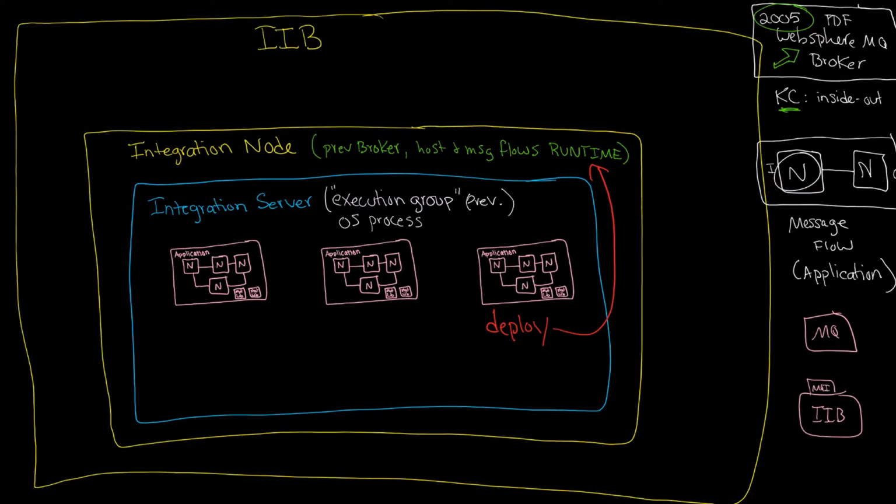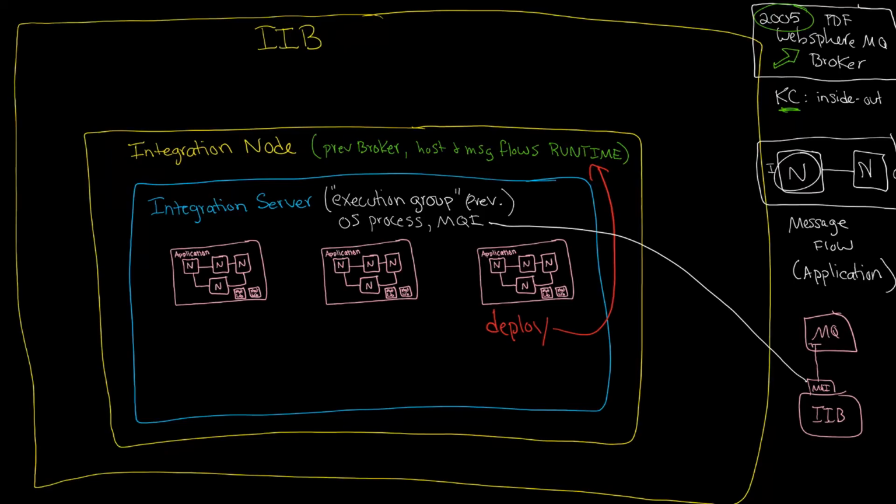It's the MQ client installed on IIB, and it will connect into some sort of queue running on MQ. Well, how is it going to do that? It does it by exposing this MQI into MQ, and that MQI portion comes into play here in this integration server. So it's this portion of the connection.